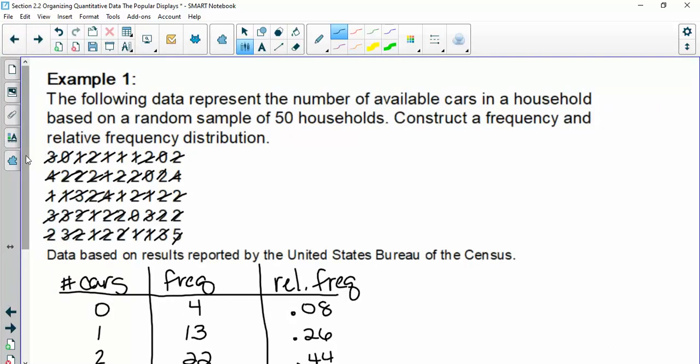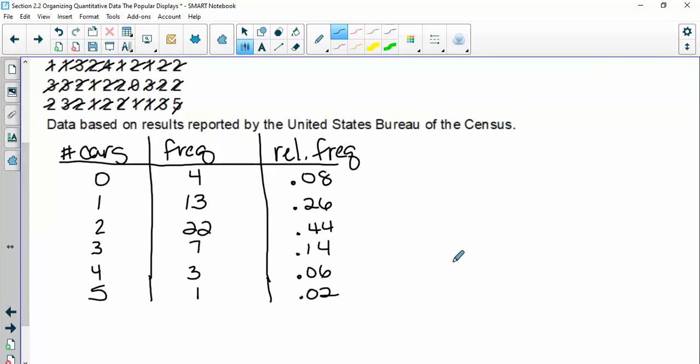So for instance, if I wanted to make a frequency distribution, or a frequency histogram, excuse me, which I think was example 2, I'm going to do it on this slide so I can look at my data. We have my x-axis. I would go ahead and mark 0 as its own spot.